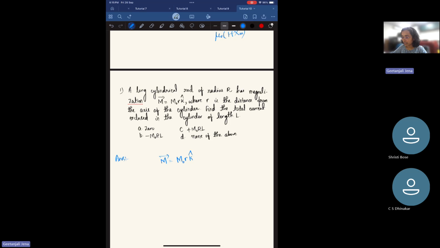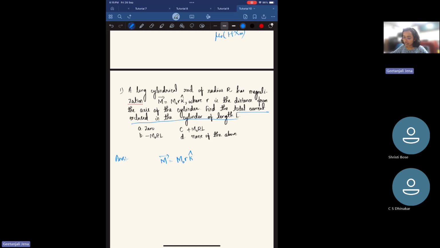You need to find the total current enclosed in the cylinder of length L. Total current means you need to look at whether there is any free current or not, and calculate the bound current. Magnetization is given and there is no information about the free current, so you can take J free as 0.